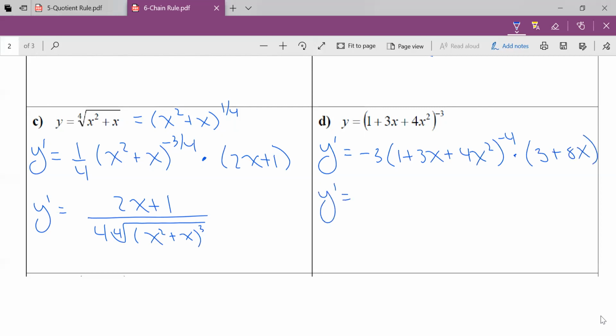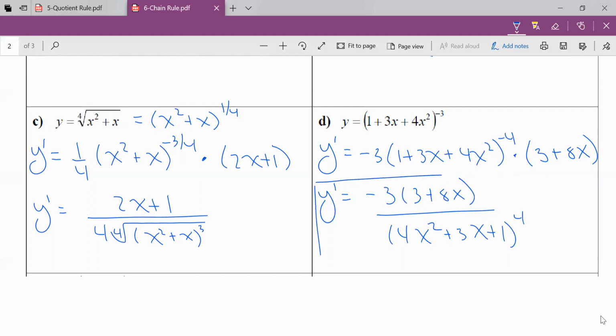And let's go and simplify. So that -3 is going to hang around in the numerator. 3 plus 8x, nothing to factor there. That's good news. All over, and I'm just going to rewrite this in descending order like this. Didn't have to, but I like to. There it is.